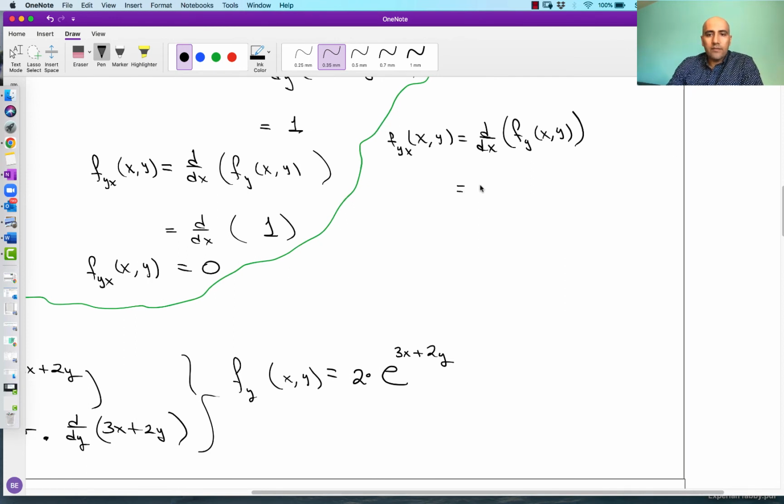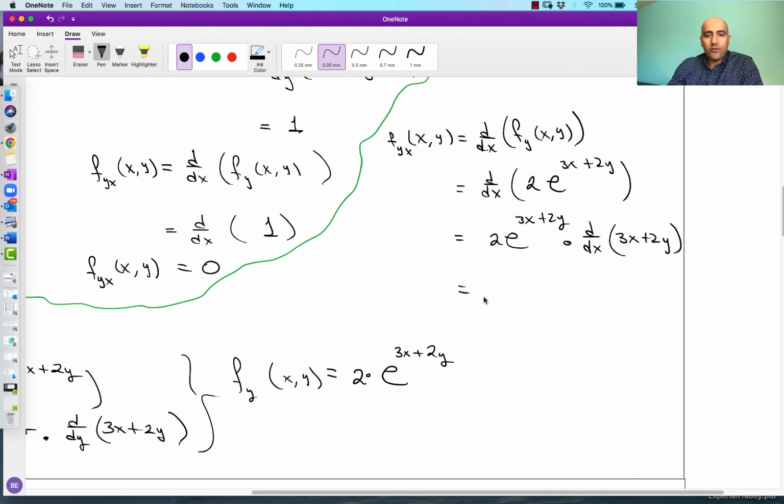which is equivalent to the derivative with respect to x of 2e to the 3x plus 2y, which is going to be equal to 2e to the 3x plus 2y times the derivative with respect to x of the exponent, which is 3x plus 2y, by the chain rule. And then this is just going to be equal to 3.